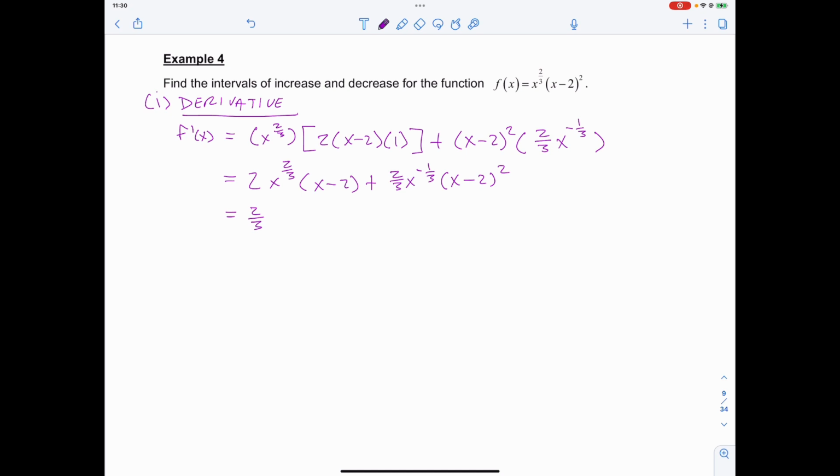I'm going to factor out the x with the smallest exponent, x to the negative 1/3, and I'm going to factor out the x minus 2 that is the same in both of them. And I'm going to be left with 3x plus x minus 2.